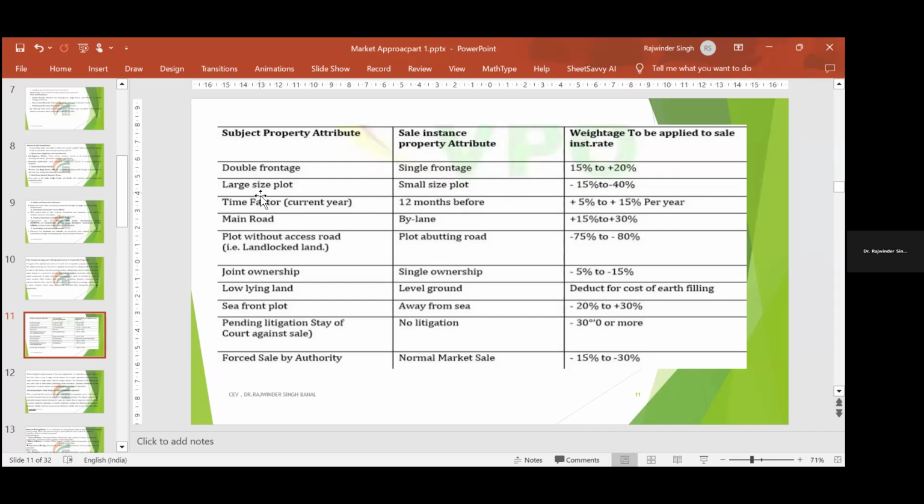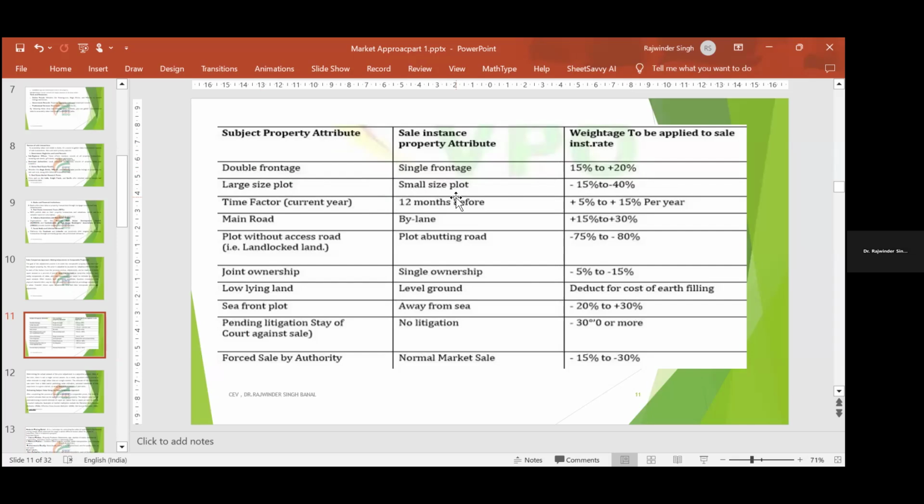So large size plot: our property is of large size, and the sale instance property is small size. So the per unit rate of larger plots will be lesser than the per unit rate of smaller plots. You remember this criteria.